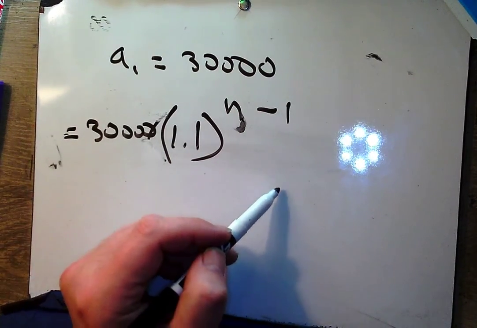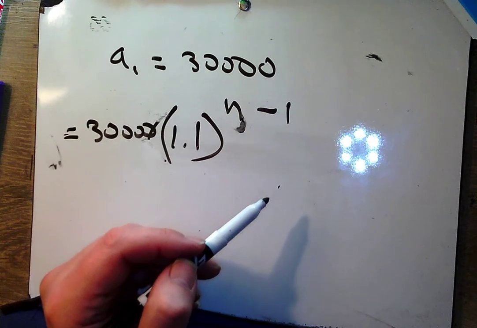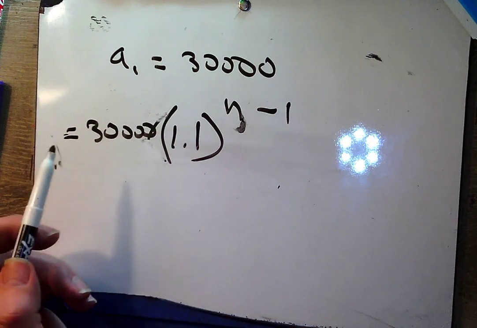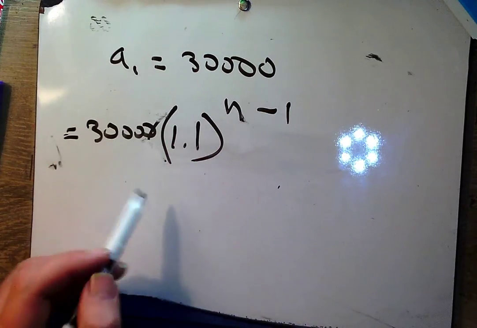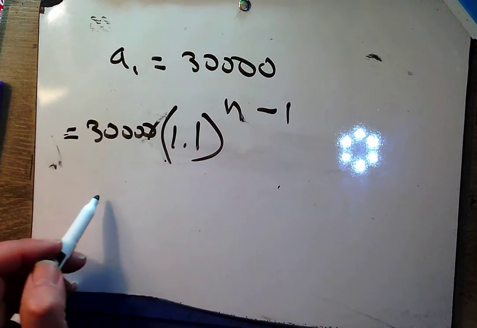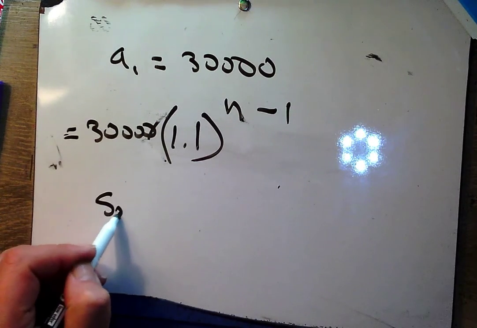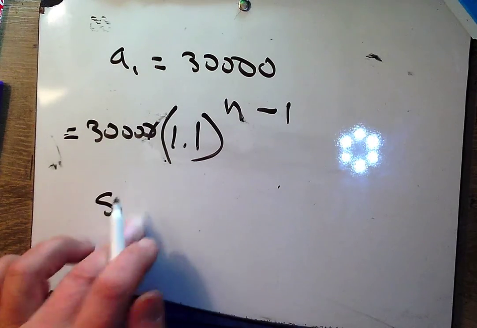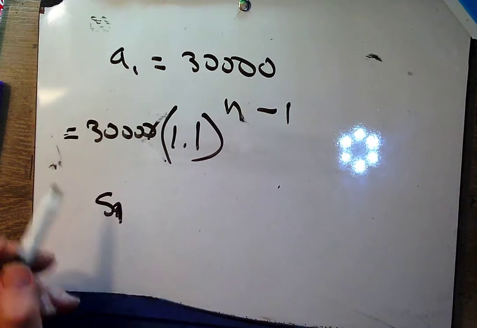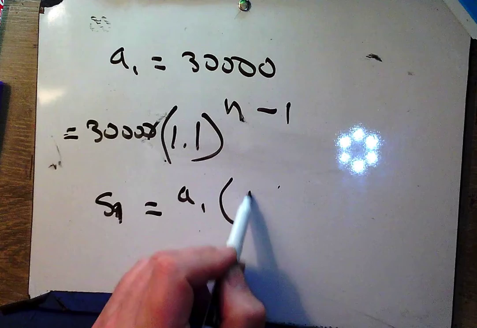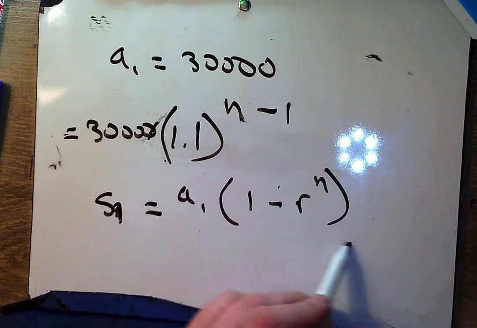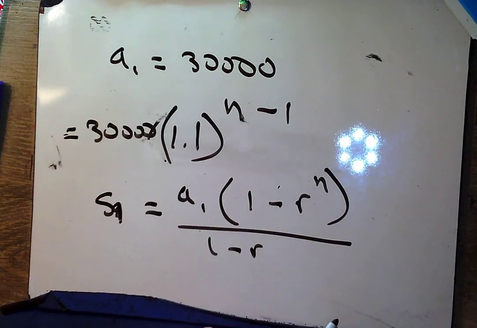Okay, so I think this is my geometric formula. Find the total earnings for the first 9 years. So this is my geometric model. However, I need to use a geometric sum model, and I want to find the sum of the first 9 years. Remember that sum formula has a sub 1, 1 minus r to the n over 1 minus r.